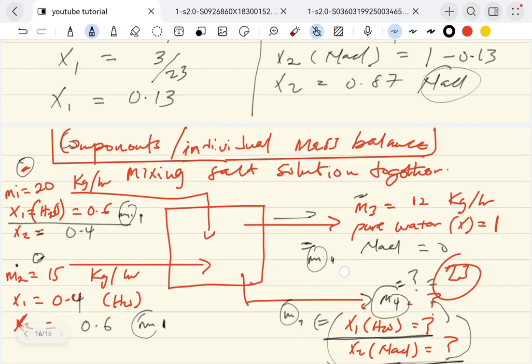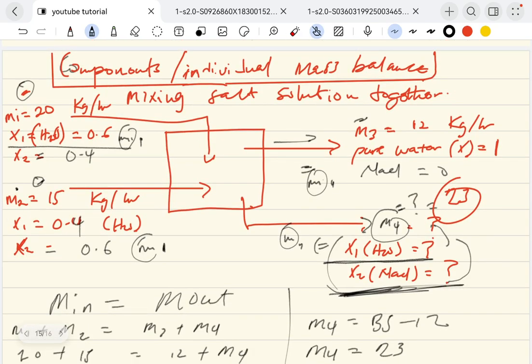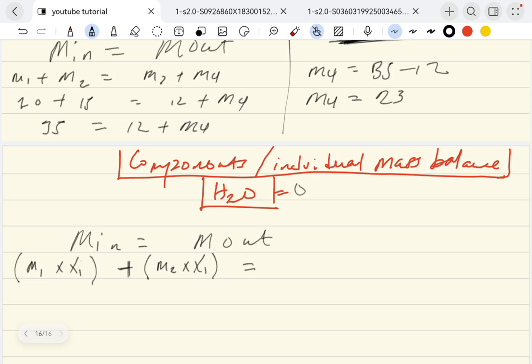We know M3 is pure water, so there's no salt. The salt is 0, so everything from that stream is water. So it's M3 multiplied by x1, our fraction of water, which is 1, as we know. We know our M4, but we don't know our fraction of water from here, so we are calculating for this.